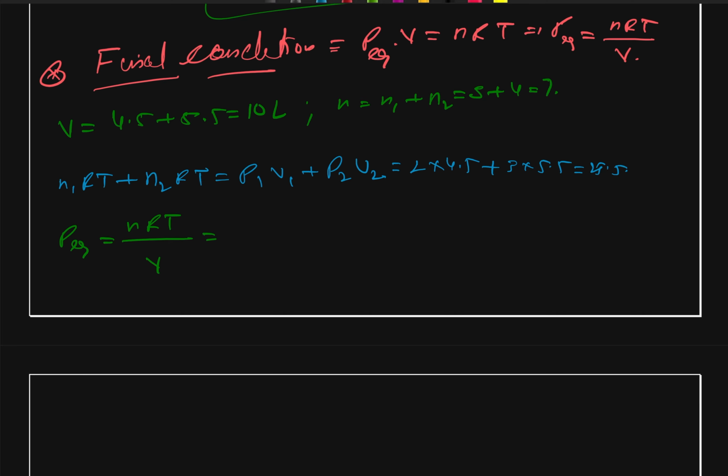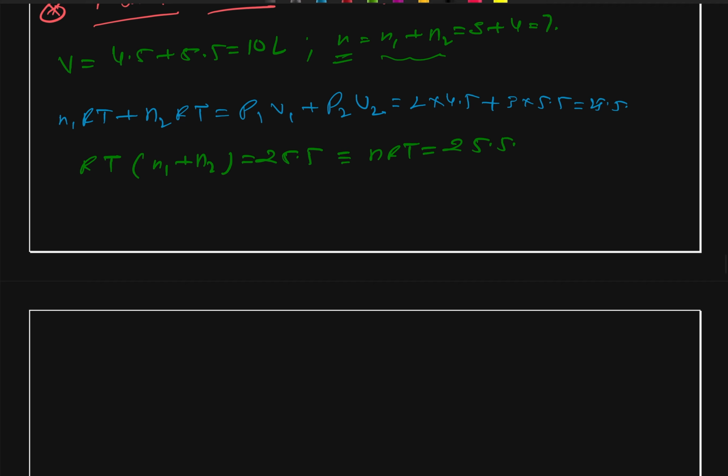Okay, I missed one step here. On the left side we can take RT as common, that will be N1 plus N2, is equal to 25.5, and we just said that N1 plus N2 will be equal to n, so this comes as nRT is equal to 25.5. Now we come to our P equivalent.